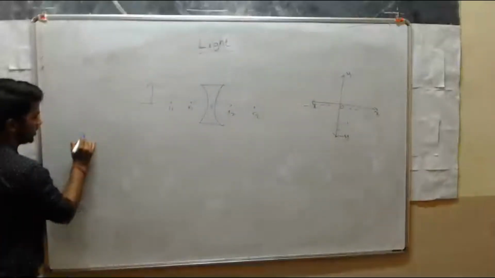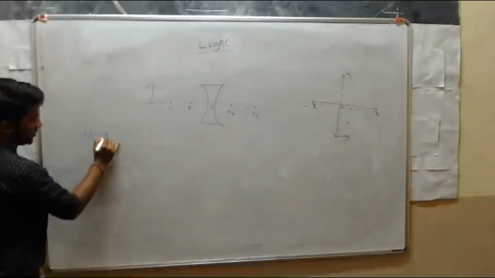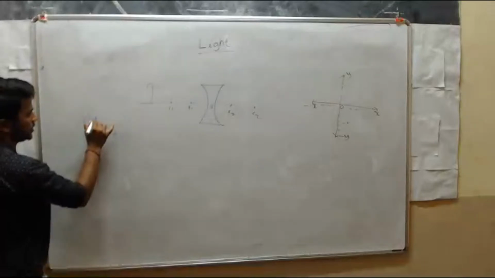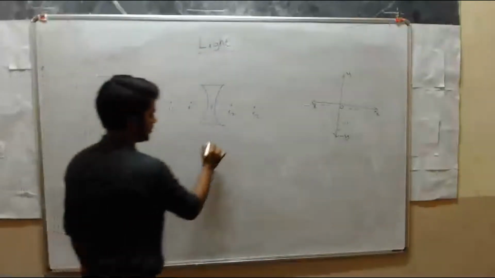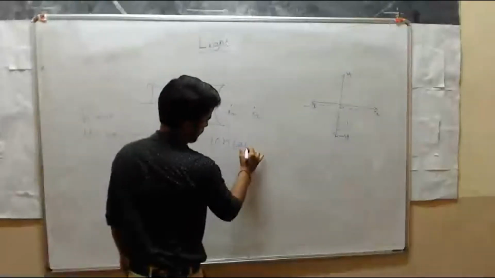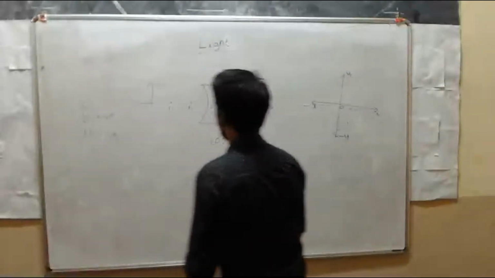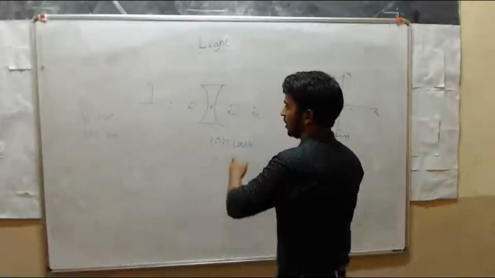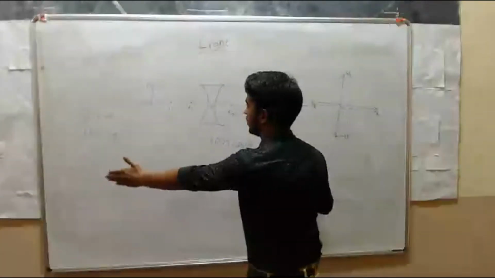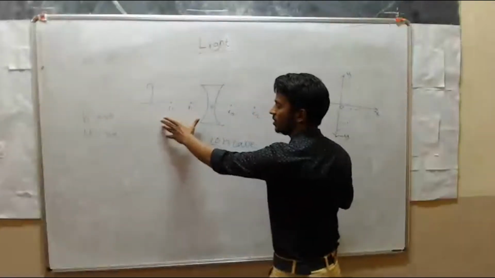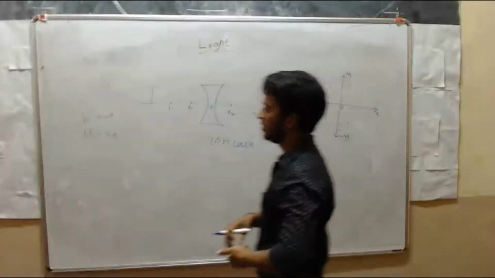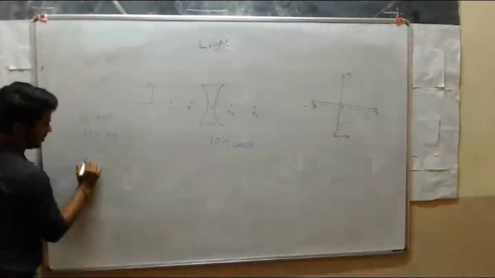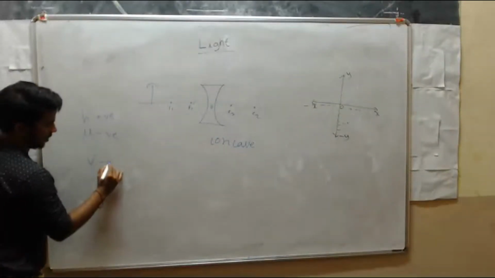Always we represent object distance as negative and the height of the image as positive. See here, in a concave lens, we always obtain the image on the left side of the concave lens, meaning here only. So we compare this distance with respect to the minus x-axis. So clearly we write v values in negative.